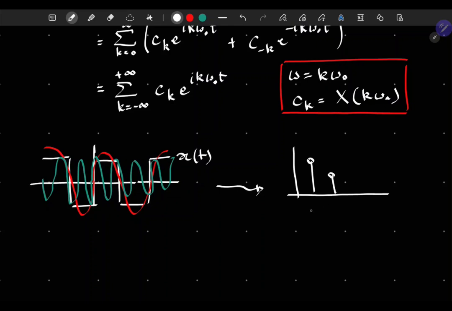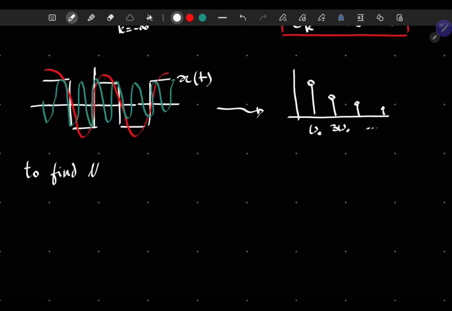They will be at odd multiples of omega naught and will typically be decaying in amplitude. In this case, we are referring to the coefficients of the sine expansion of the square wave, so we only have positive values of k.